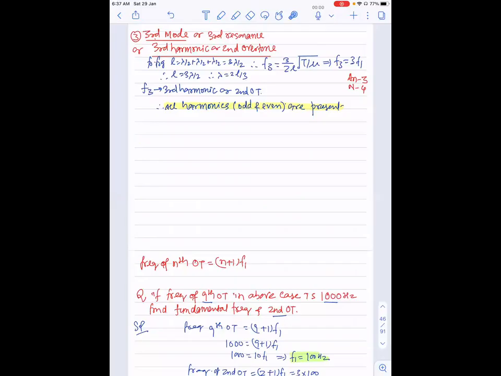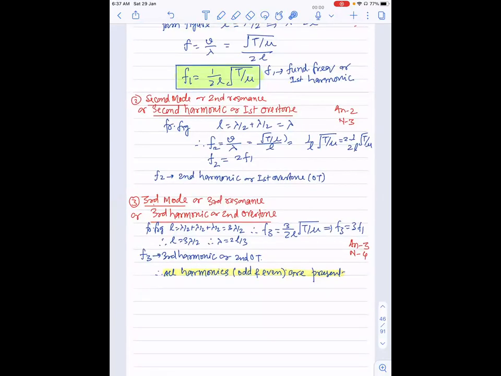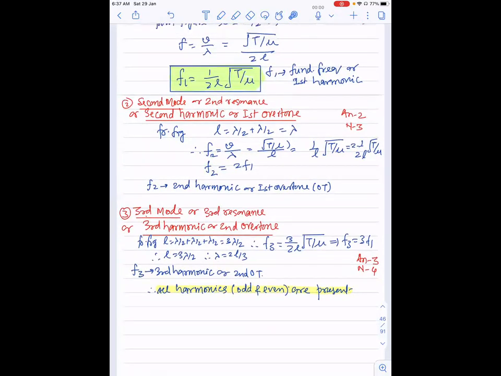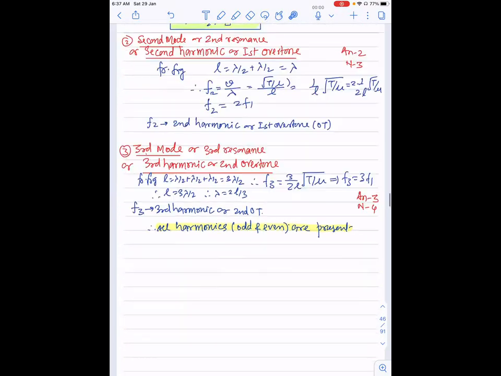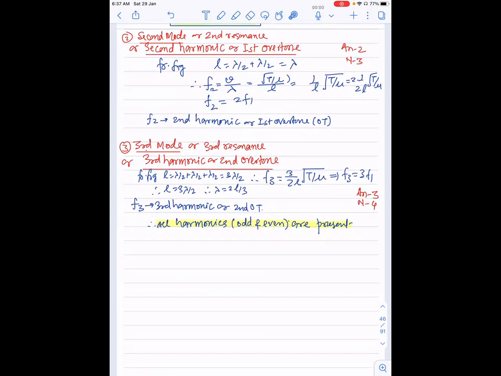A question can come like this: prove that all the harmonics are present in a string fixed at both ends and vibrating. You can see this second and third we did. So there are questions based on this part also.